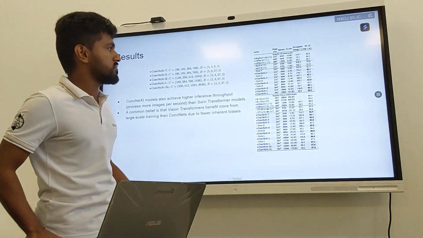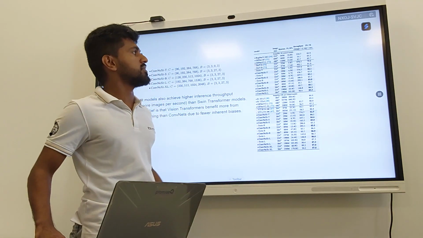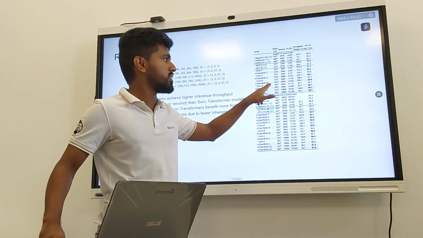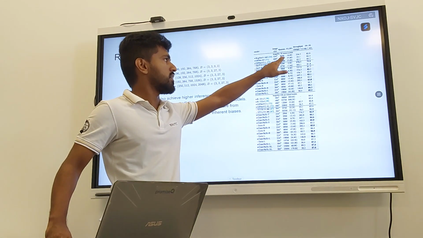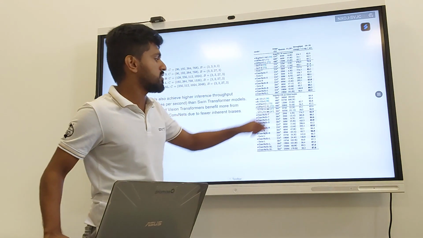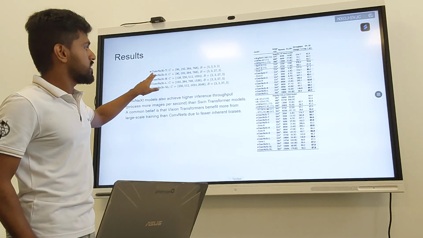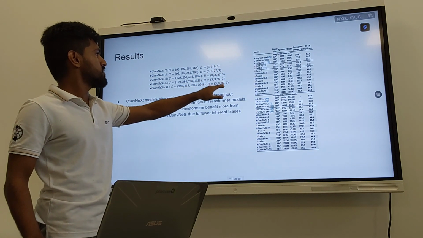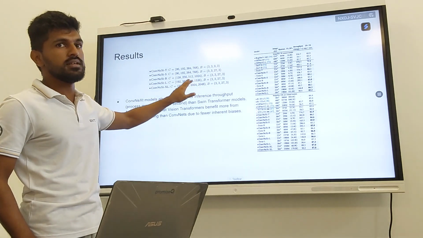It's the counterpart of the Swin transformer model with the same number of parameters, and we can see the ConvNeXt counterpart is always performing better than the Swin transformer. This is for the ImageNet 1K trained model, and here it is the ImageNet 22K pre-trained model. In these different variations of the ConvNeXt models, we can see the different number of blocks they use, and the intermediate block dimensions change in each block.